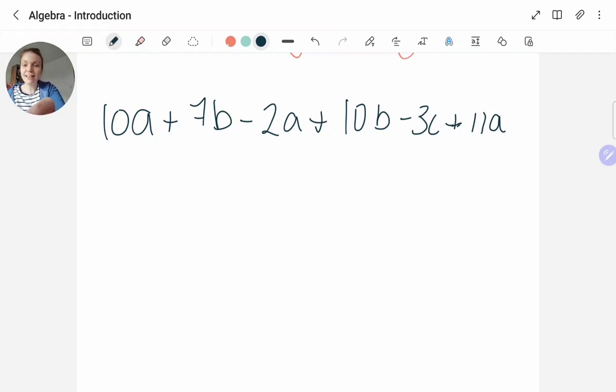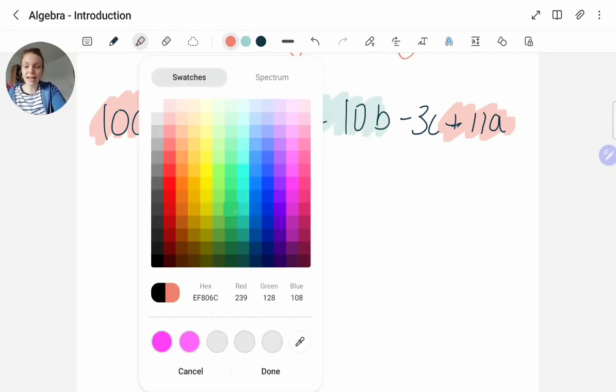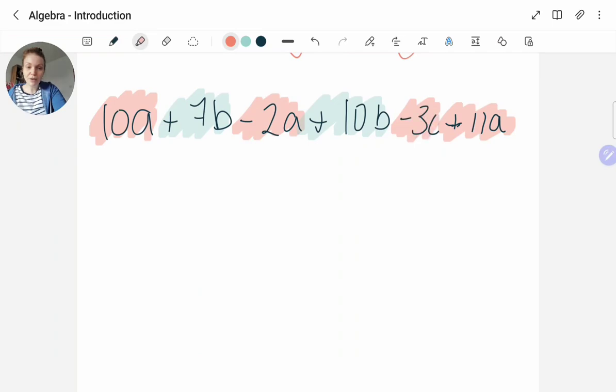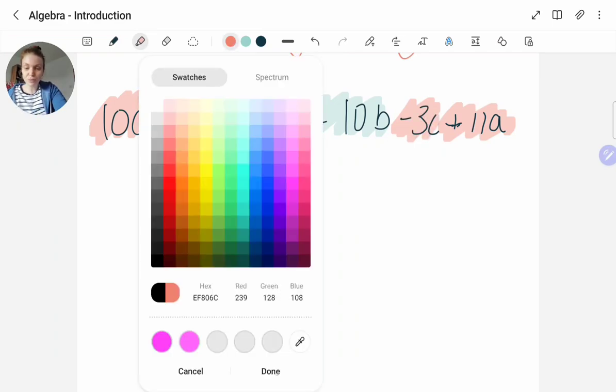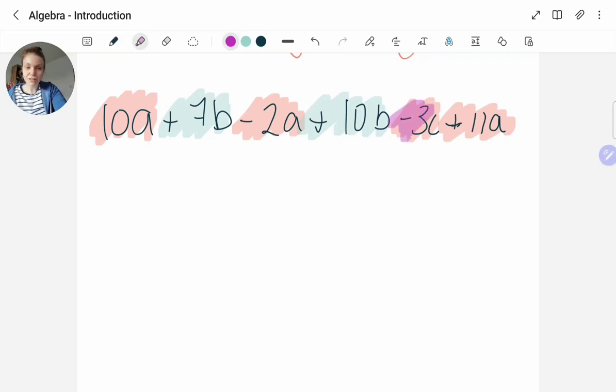Okay, let's do this. So we've got 10a minus 2a, any more a's, plus 11a. Then we have plus 7b plus 10b. And then we have minus 3c by itself. Okay, so 10a minus 2a is 8a, plus 11a is 19a.